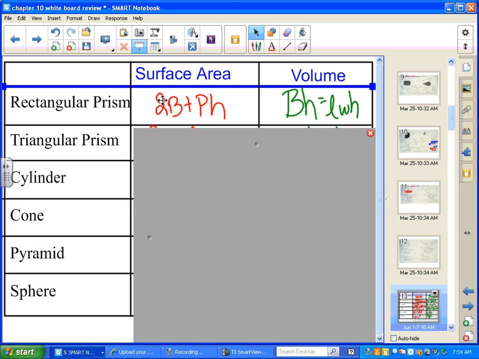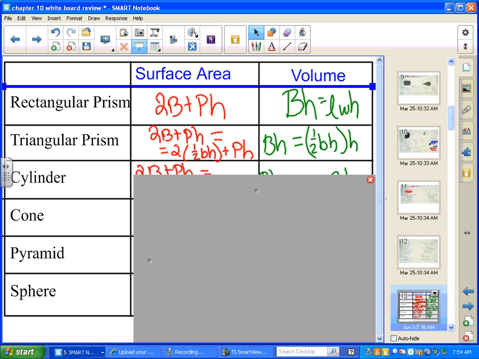Yep. Good. Okay, so for this one you can either have 2B plus PH, and then I put an equal sign. I know some of you like it more specific, so either way. And then volume, area of the base times the height, or what Emma M said, which is 1/2 B times H, all times H. You should be writing down only the formula that you always remember.